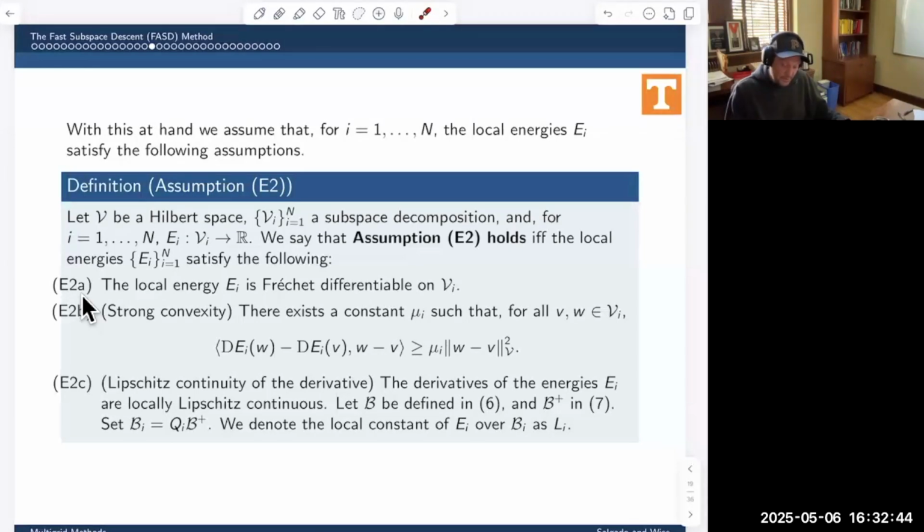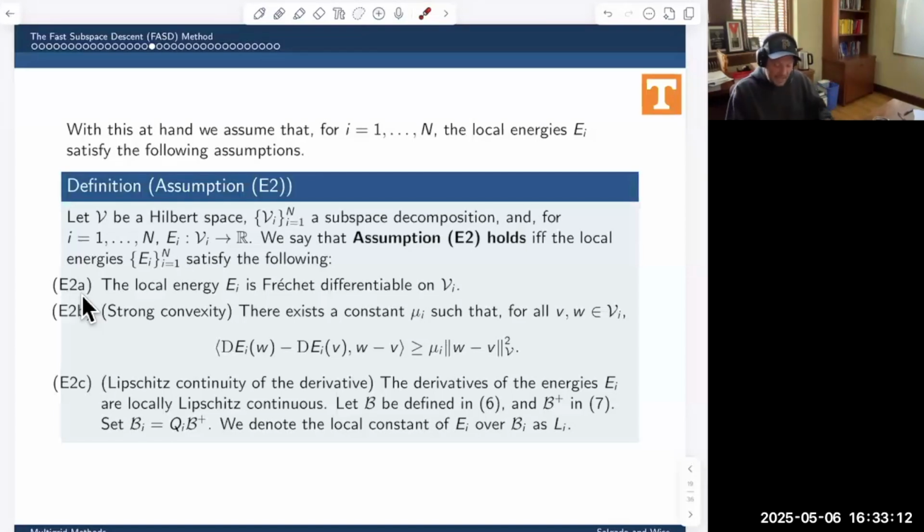So we're going to assume that the derivatives of each of the energies are locally Lipschitz smooth, or I could say E_i is locally Lipschitz smooth, and the derivatives are locally Lipschitz continuous. It's enough to just say that. But what we need is to know what is the local Lipschitz constant on a certain energy set.